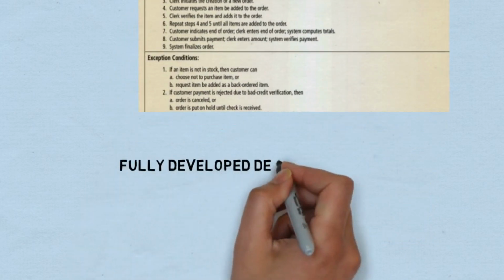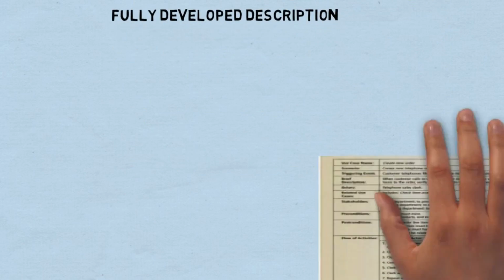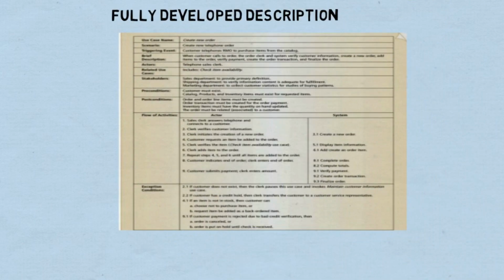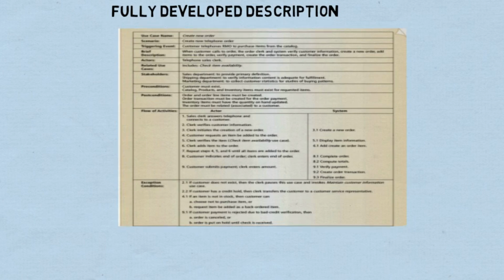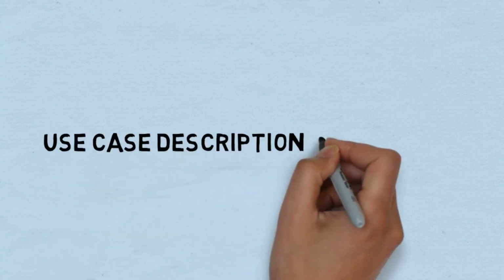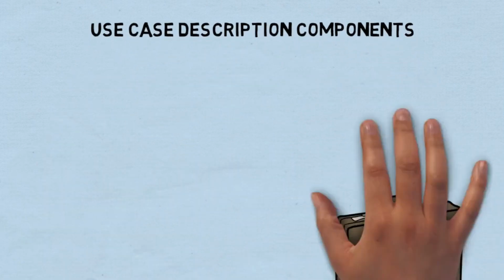Fully developed description expands the intermediate description for a richer view. It is a superset of the intermediate and brief descriptions, consists of 11 compartments, and contains the user, actor, stakeholder, EBP, and conditions identified.